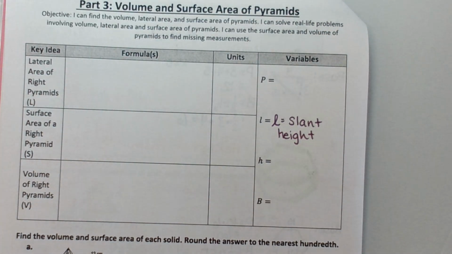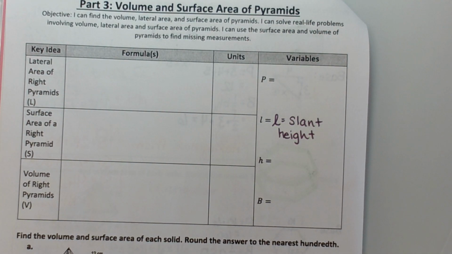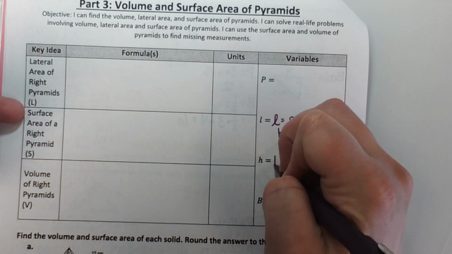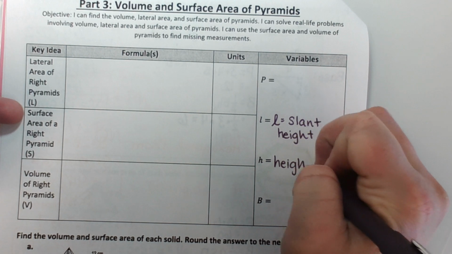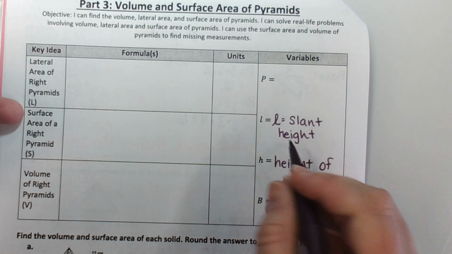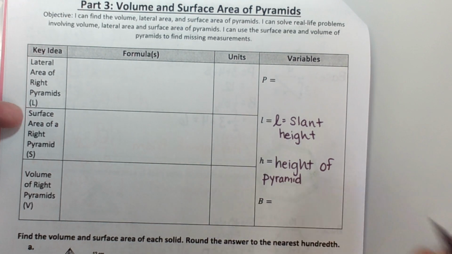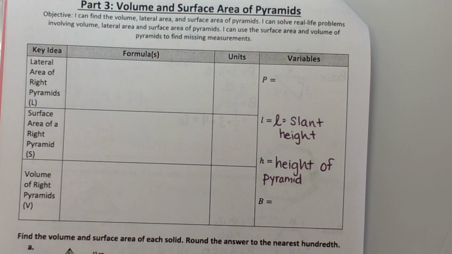Because with pyramids and with shapes that come to a point, there is the true height, the altitude, or the height of the pyramid, which goes from the middle of the base up to the point through the middle of the shape.